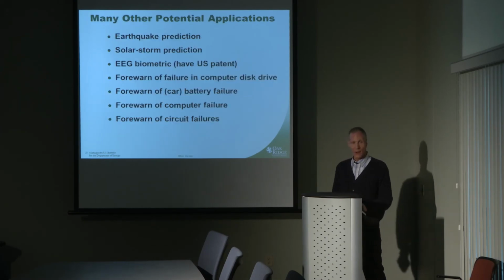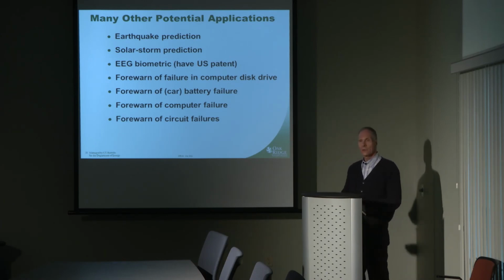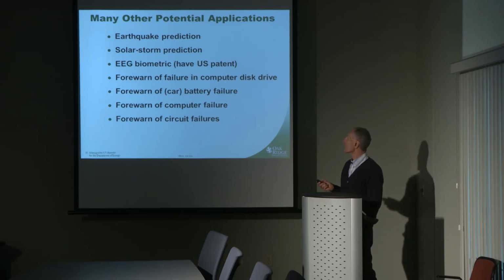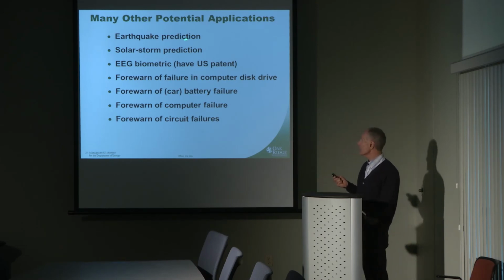So there are lots of other potential applications. This is what I call my twinkles in my eye slide. So I have actually looked at some real earthquake data, and I see what look like forewarnings of the earthquake. I have not been able to get anybody to give me solar storm data, but given the right kind of data, for example, magnetic and electric fields, I think I could predict solar storms.